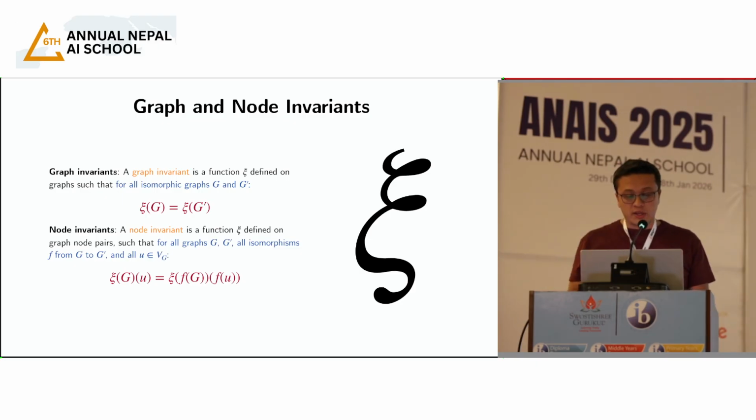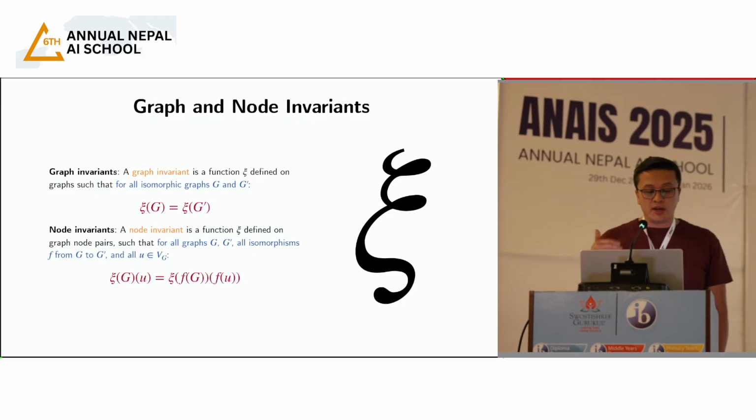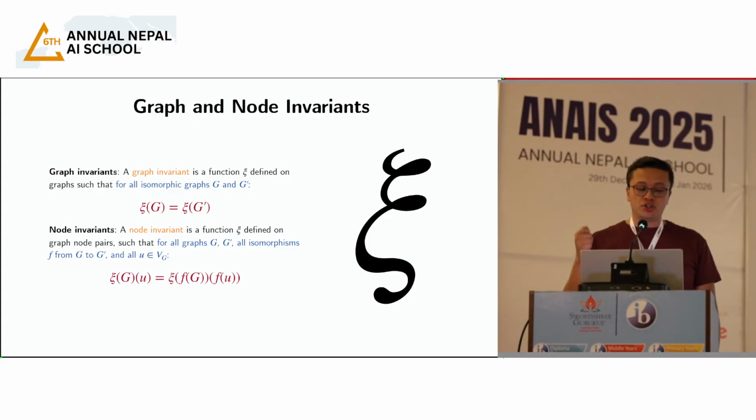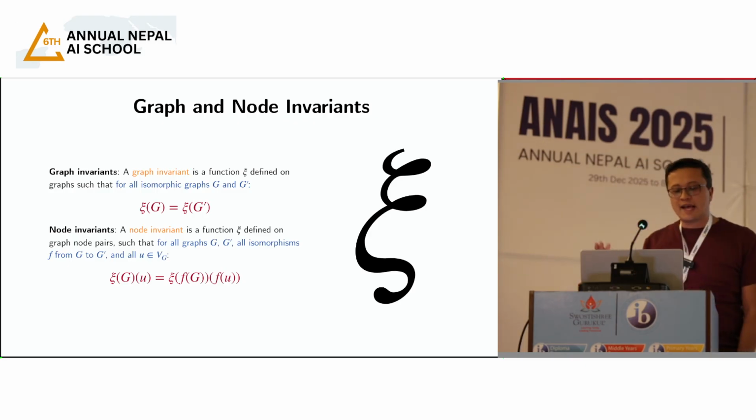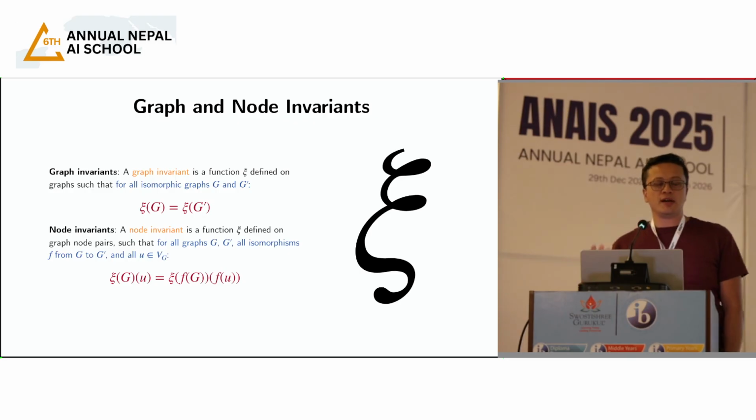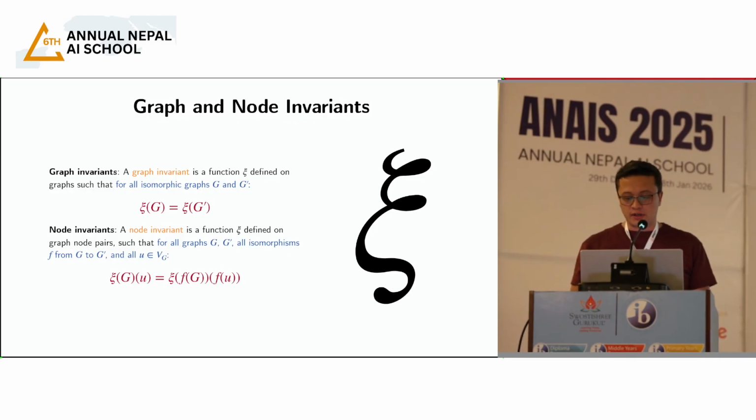It is defined as shown here: a function xi defined on graph-node pairs such that for all graphs G and G prime, all isomorphisms f from G to G prime, and all nodes u in G, applying xi on a node u in graph G has to produce the same output as applying it after the bijection on graph G prime. This is essentially the same definition that we've been looking into, just cast as a node invariant.